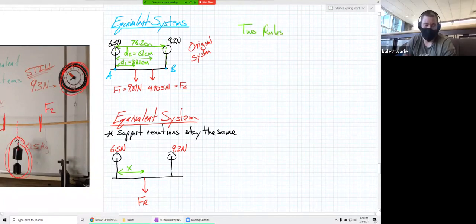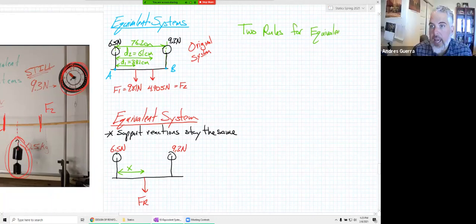I just want to clarify, the FR is just the two masses added together, correct? Yeah, it is going to be just the two masses added together, and that's rule number one.